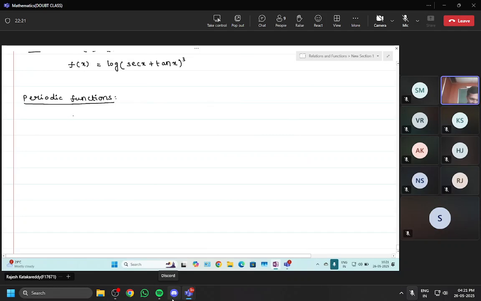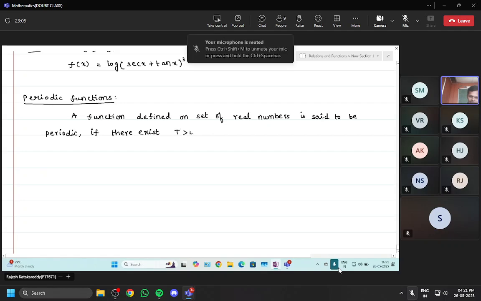So mathematically, we will say a function defined on the set of real numbers is said to be periodic if there exists capital T greater than 0 such that f of x plus T is equal to f of x.